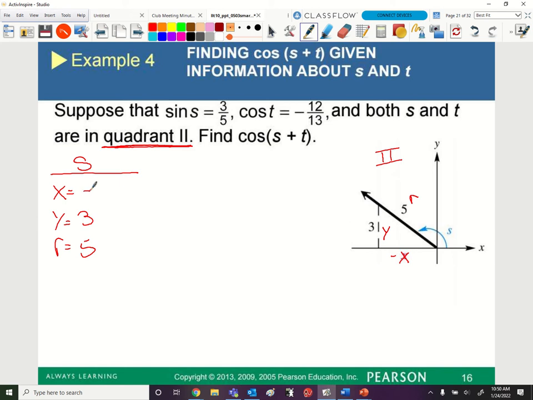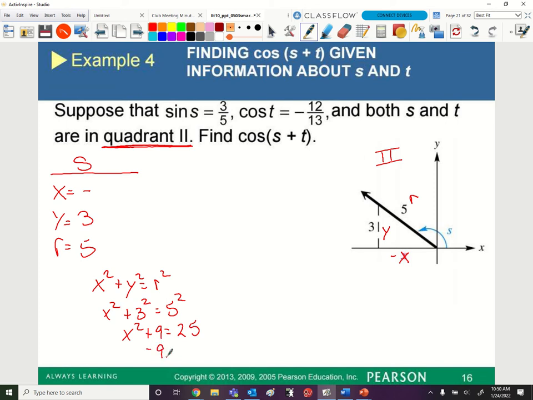Now, Pythagorean theorem, I have x squared plus y squared equals r squared. So x is my missing value, so I keep x squared plus y, which is 3 squared, equals 5 squared. X squared plus 9 equals 25.